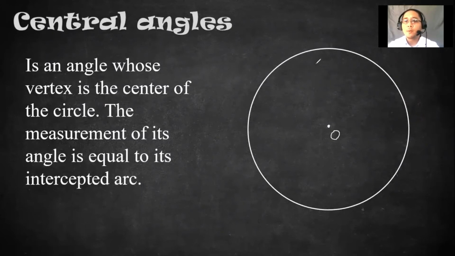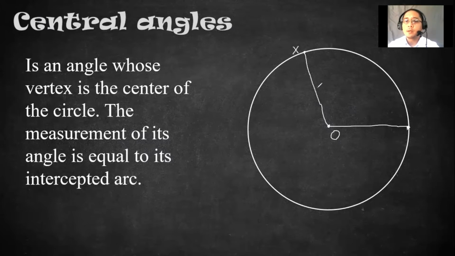So if we now create a radius and another radius, we create a central angle.